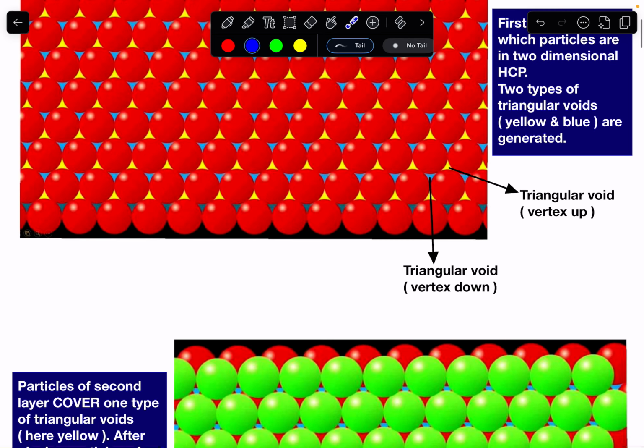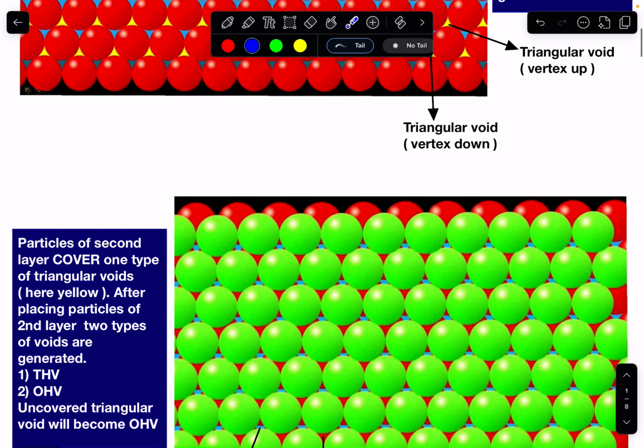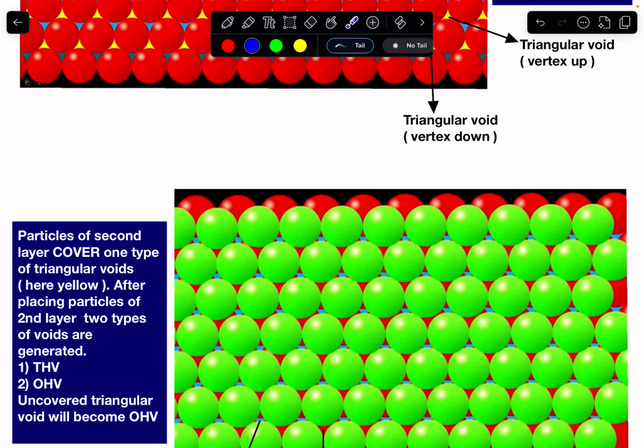And if you see the particles of second layer, of course you are assuming this one as either copper solid or silver solid. In fact these are copper atoms, these are also copper atoms. For the sake of better understanding we are taking a different color.